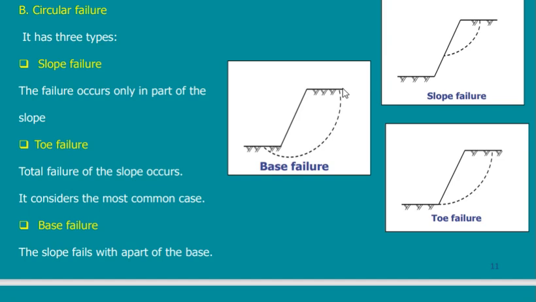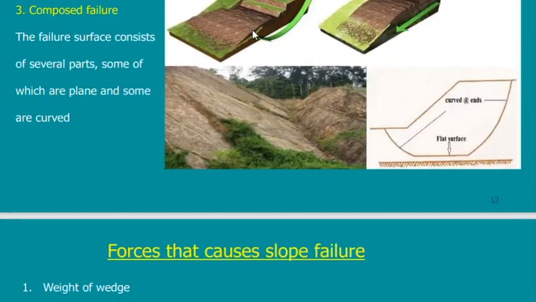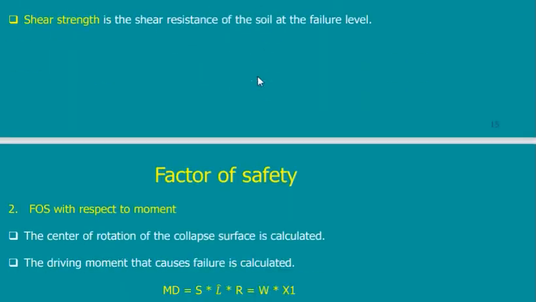Then you will tell me that this is not the failure case, this is not the failure case, and this is the failure case. By the way, it does not mean that it will always be the base failure, no. Maybe this is 0.9, this is 2, and this is 3. So this is the case where it will fall. It depends.